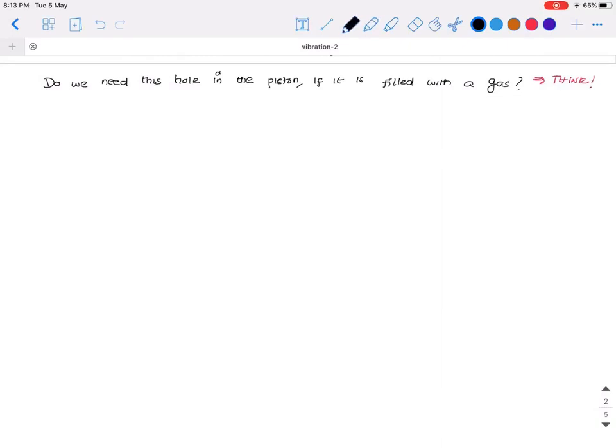Okay, so now let us come to the main topic, which is the mass spring dashpot system. It is also called a damped harmonic oscillator.